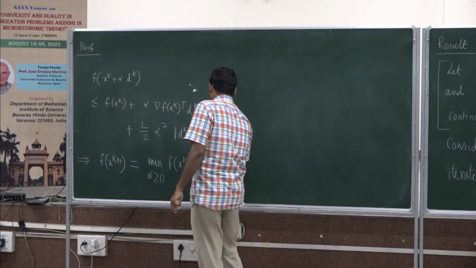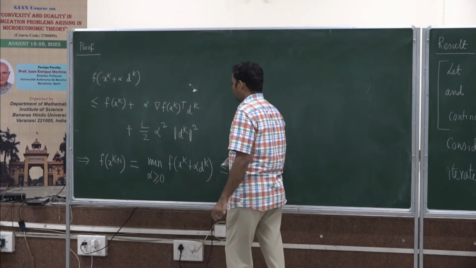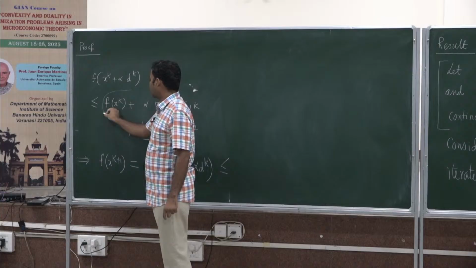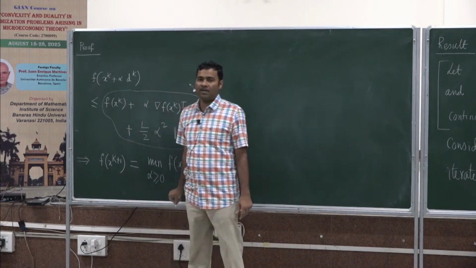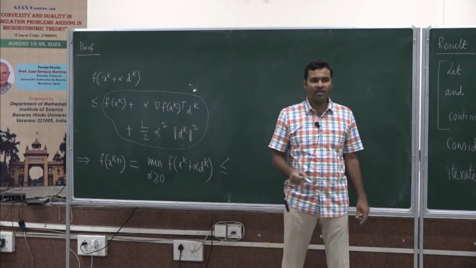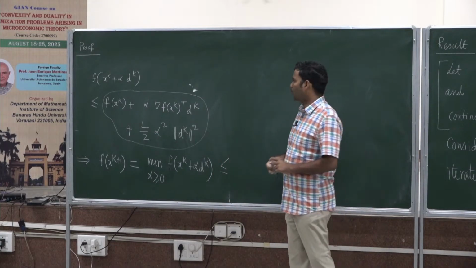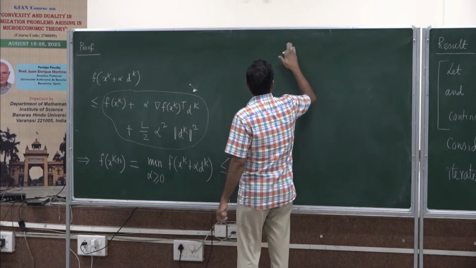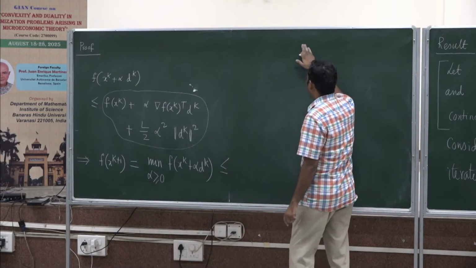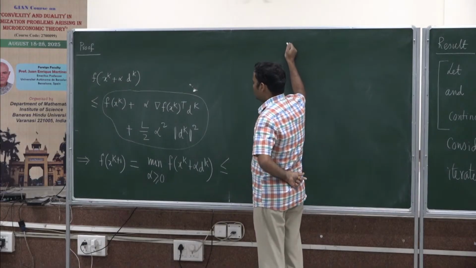this is less than or equal to the minimum value of this function, but this function is a quadratic function, right? A quadratic function of the variable alpha. We can quickly compute its minimum value. You can just take the derivative with respect to alpha.